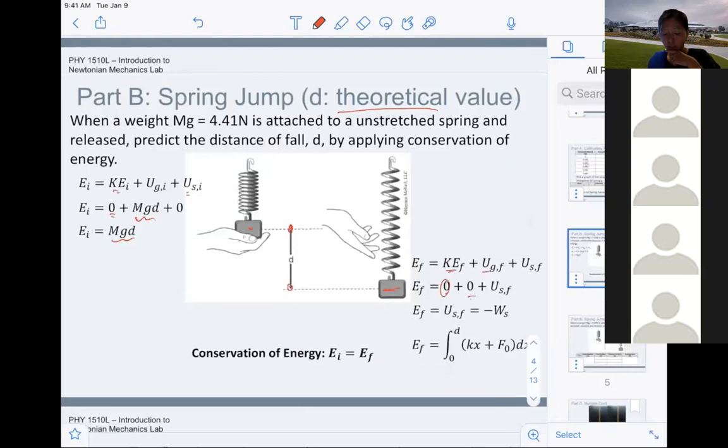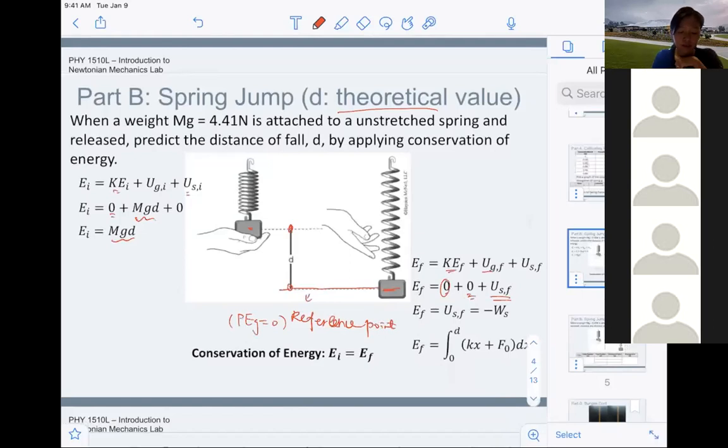And zero potential, because we can set this as our reference point, where we call the potential energy simply zero. So the only energy you have is the energy stored in the spring.